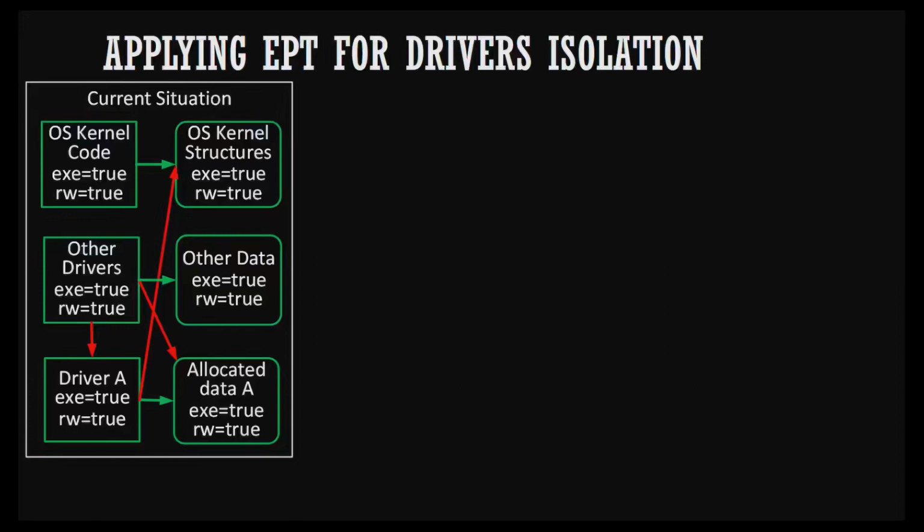All horizontal lines are legal access. Non-horizontal lines, which are red, are illegal. We have 3 illegal access attempts. Driver A modifies the OS internal structures, for example, to escalate privileges or to do something more.